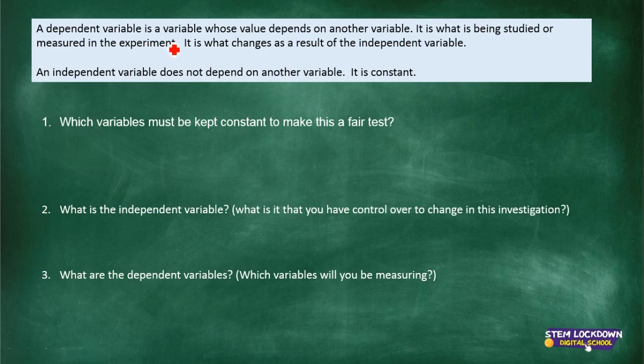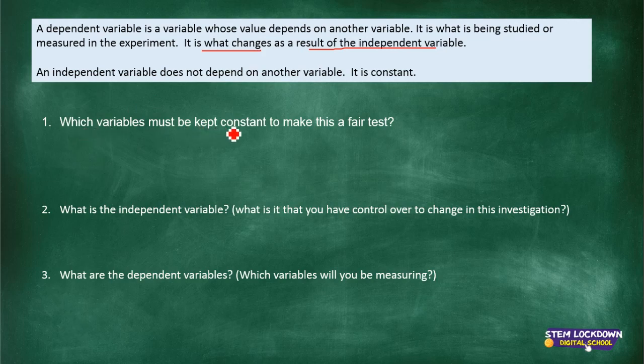A dependent variable is a variable whose value depends on another variable. That means it is what is being studied and measured in the experiment, and it is what changes as a result of the independent variable.